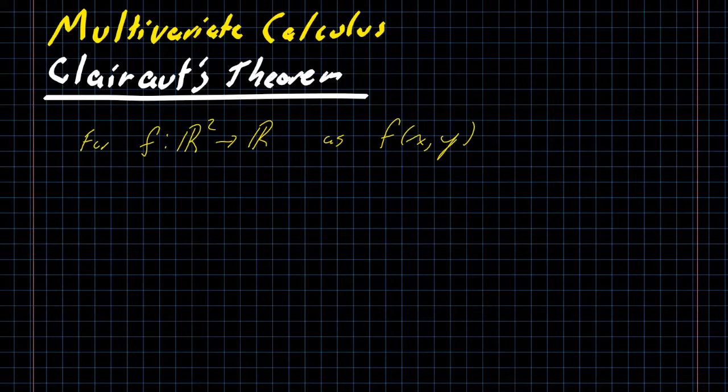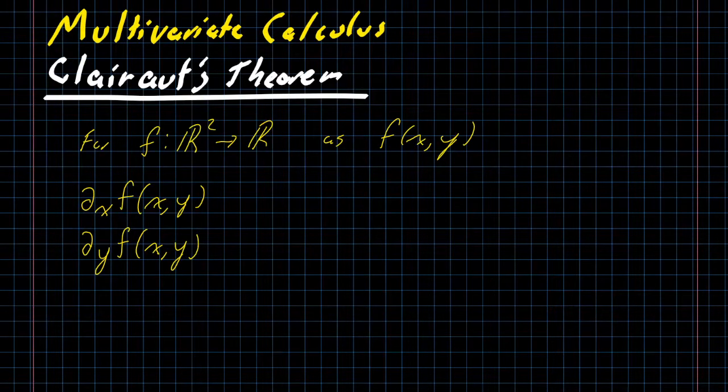We were able to get the partial derivative of f with respect to x, and we were able to take the partial derivative of f with respect to y. The key idea here is that when we took those partial derivatives, we were left with functions of two variables.